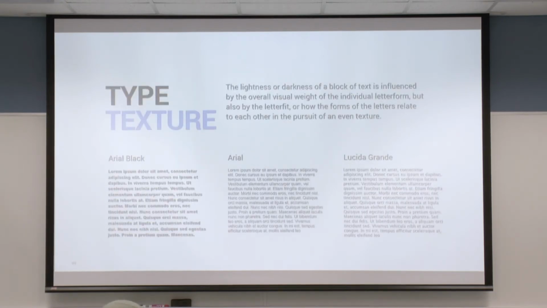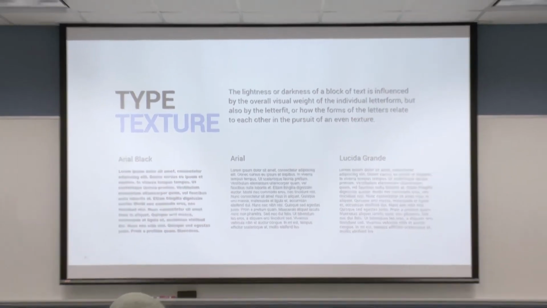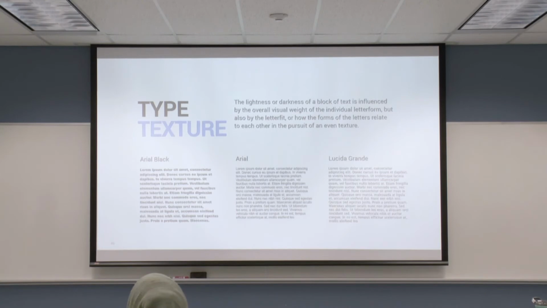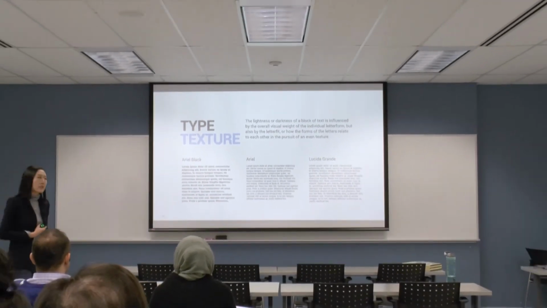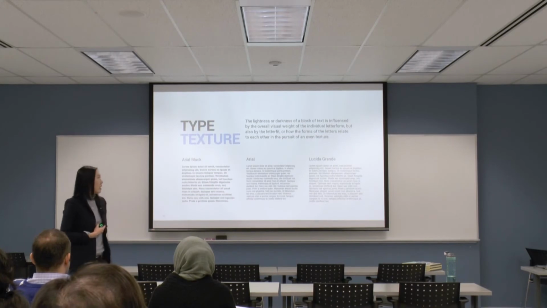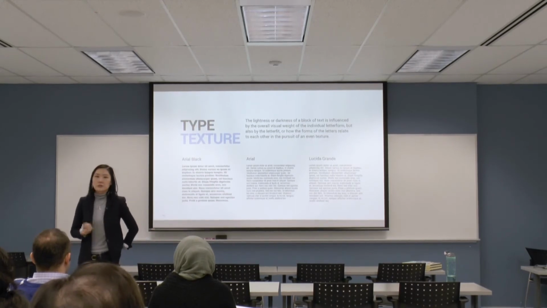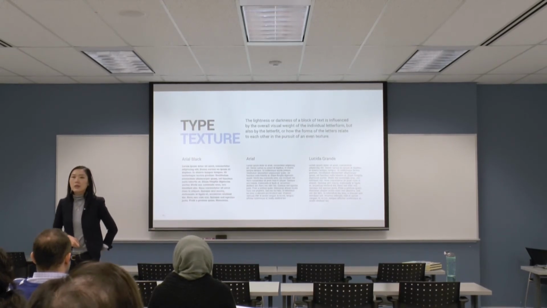Okay, so with text, I think an important aspect is that we often don't treat them as graphical elements, right? We often think of text as a block of characters, right?